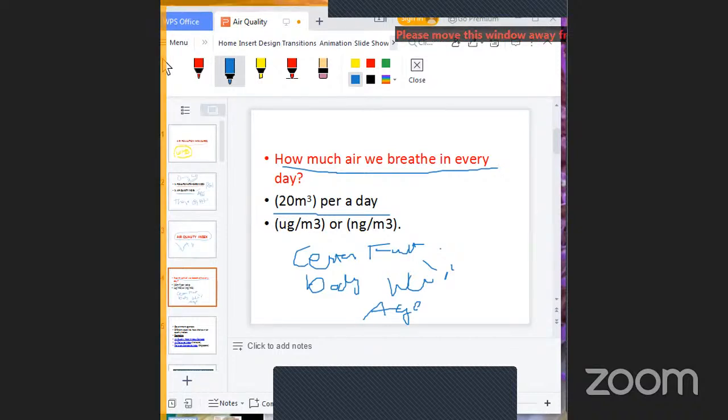So the children will take less compared to adults. So even if the concentrations are in micrograms per meter cube, or even nanograms per meter cube, right? So this is the symbol.